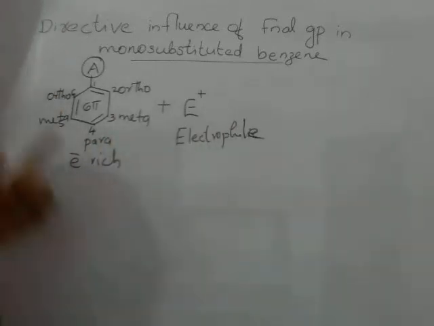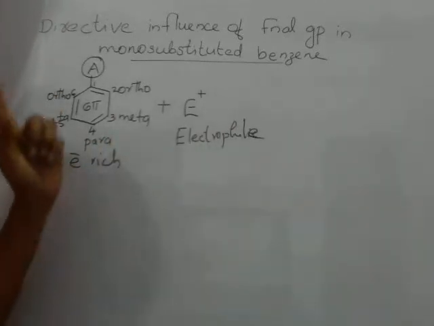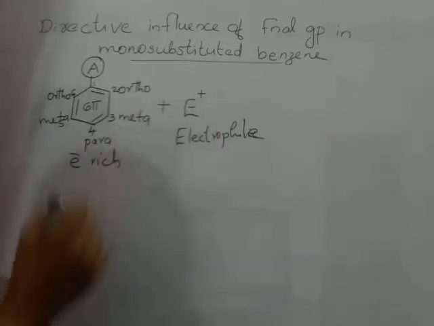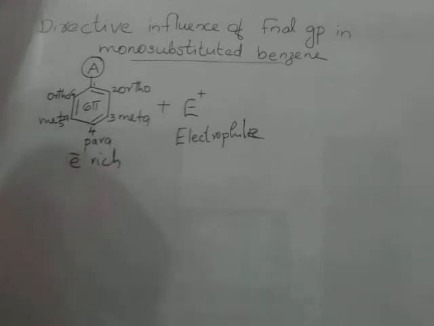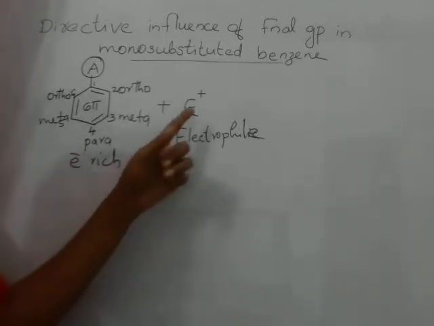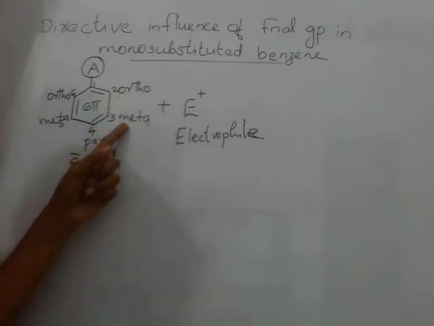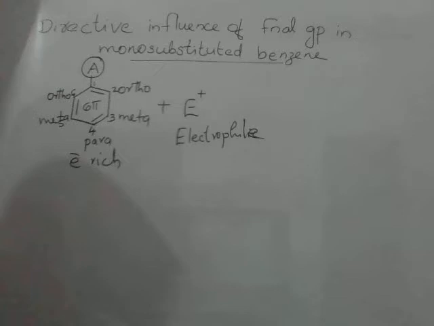This monosubstituted benzene undergoes further substitution by an electrophile. For this electrophile to attack the benzene ring, there are 3 possibilities. The electrophile can attack the ortho position, meta position or para position. So there is a possibility of 3 products.